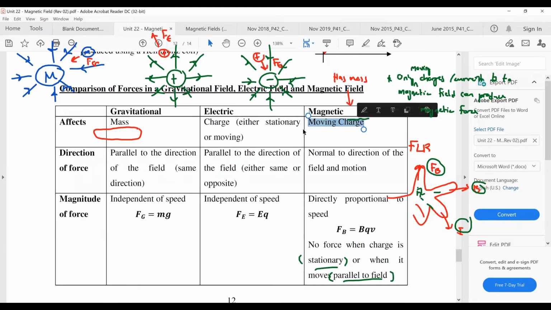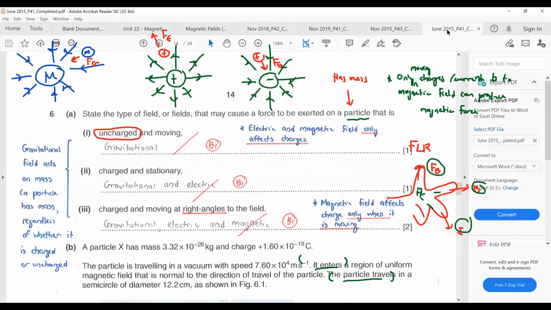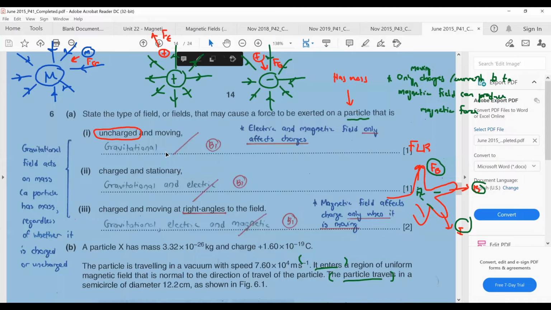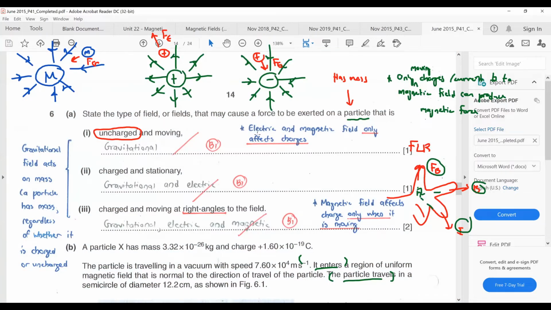In other words, for both electric field and magnetic field, at minimum you must have charge in the first place. But here your particle has no charge and is moving. The fact that it doesn't have any charge means that electric field will not affect it, and magnetic field will not affect it. So the only field that can cause a force to be exerted is the gravitational field, because the particle has mass.